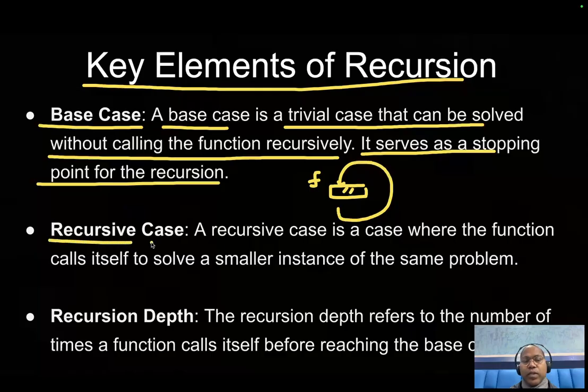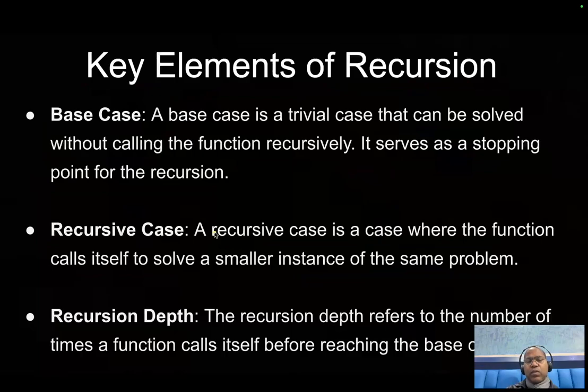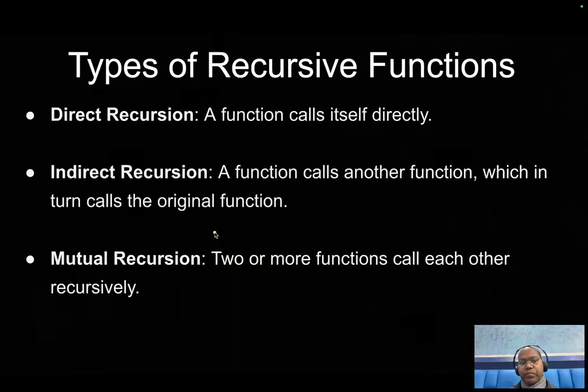The recursive case is the case in which the function calls itself on a smaller instance of the same problem. And recursive depth refers to the number of times the function calls itself. So this function may be called 2 times, 3 times, 4 times, 5 times. That is known as the recursion depth. This is the basic terminology we should be aware of.